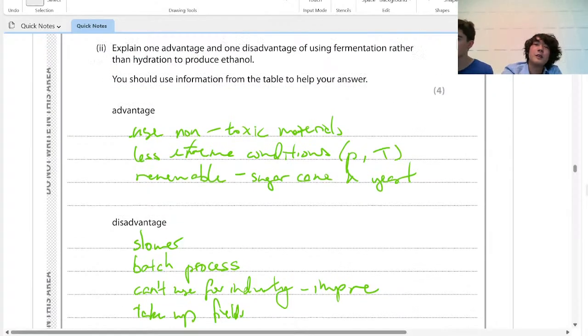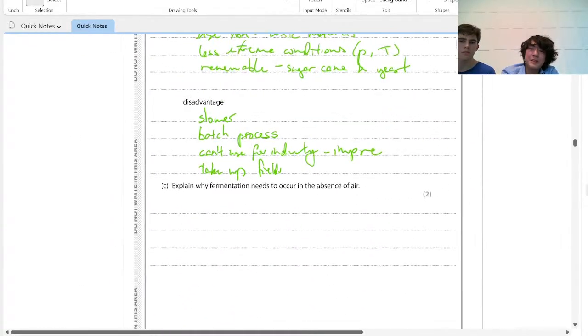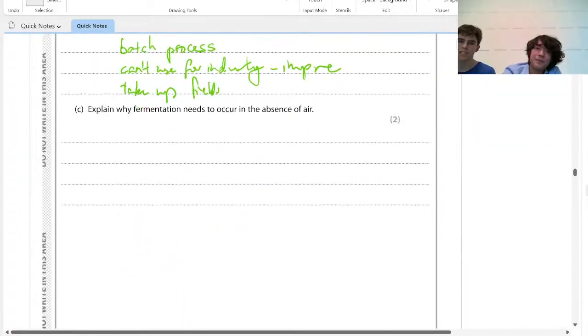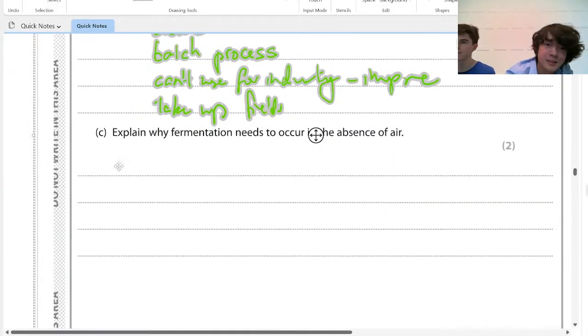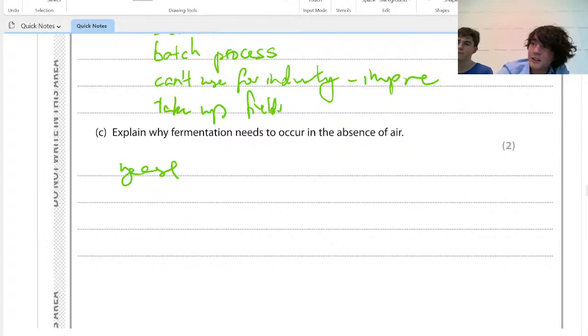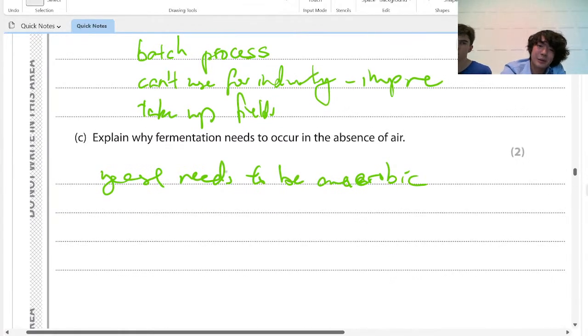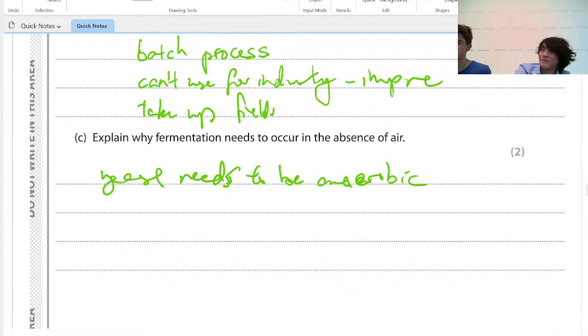Right. Explain why fermentation needs to occur in the absence of air. The yeast needs to respire anaerobically. Because if you have oxygen, respiration is going to make water and carbon dioxide, as you know from biology.